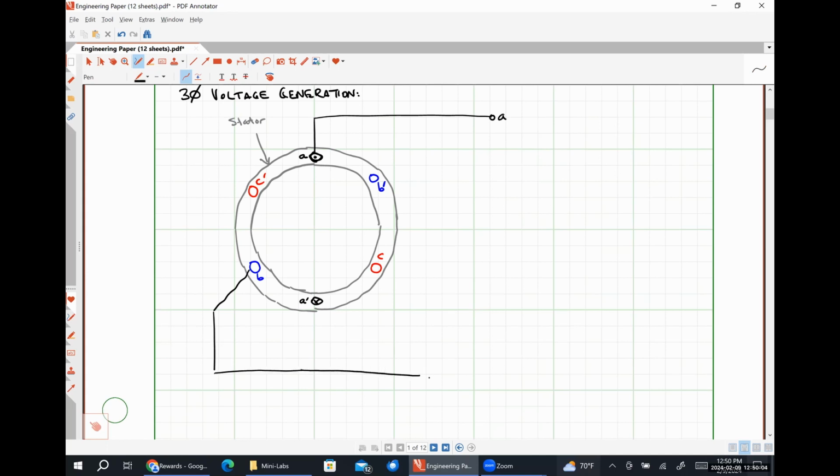My B terminal down here. My C terminal here. And then I'm going to tie all of those primed poles together.